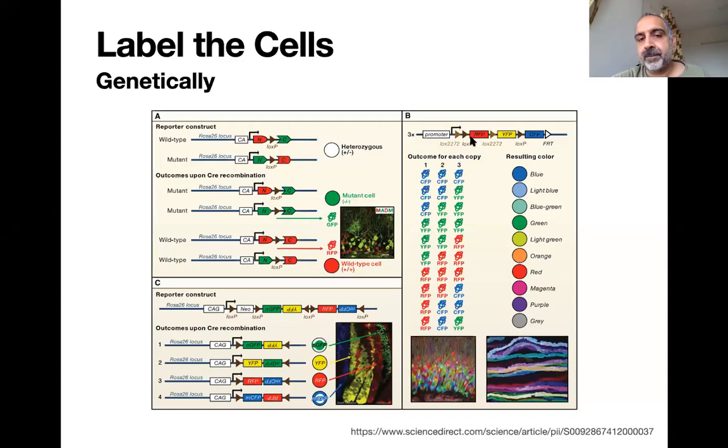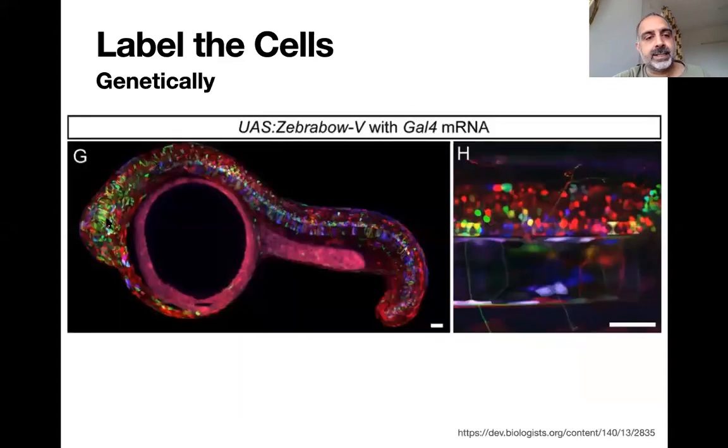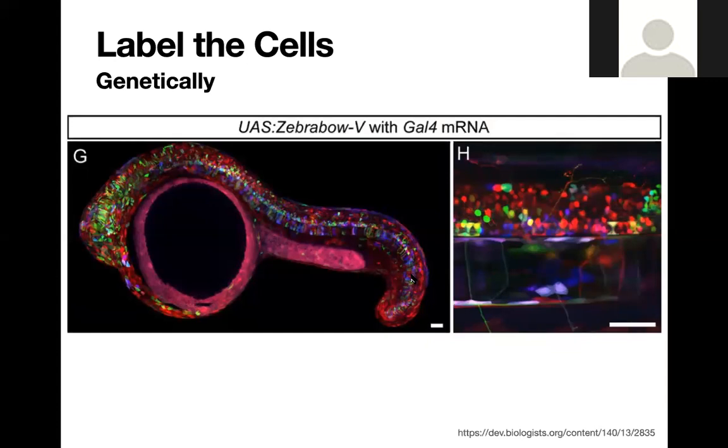As long as that's active, then these can be seen. And it doesn't depend on cell division. It's not being diluted as the cell divides, because this is a recombination that's happening within the genome. Is that kind of clear? Yes. Thank you.